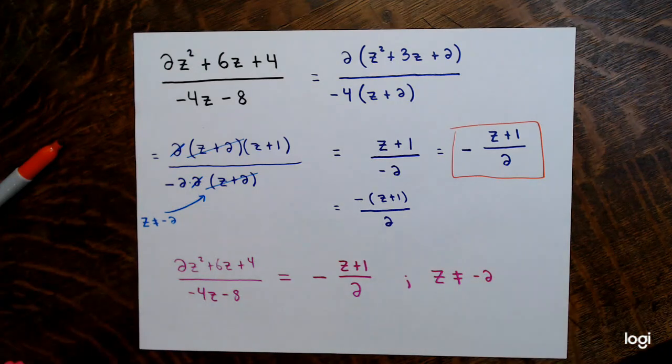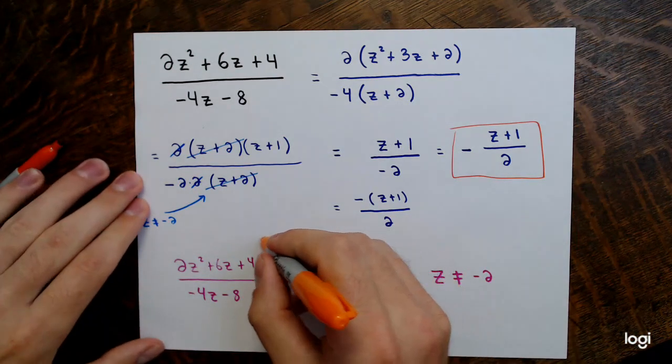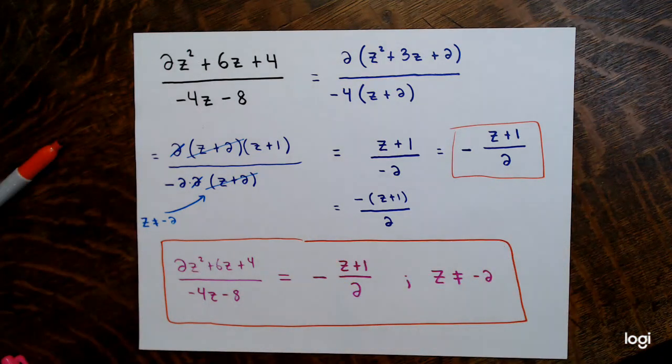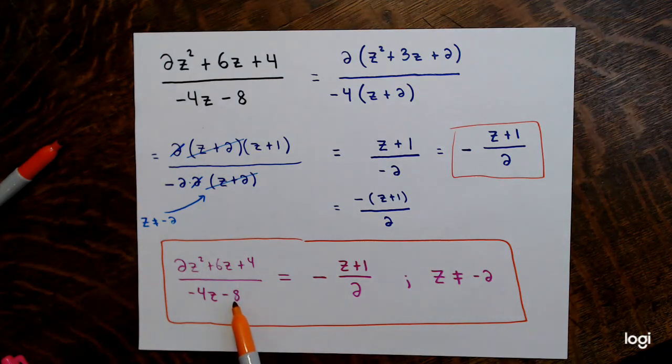Okay, so as long as z is not negative 2, this is a true statement. And you can go ahead and test it out, plug in some values other than negative 2 for z. So an easy one here would be 0. What if z were 0? Well, then this side you'd have 0 plus 0 plus 4, so 4, divided by 0 minus 8, or negative 8. 4 divided by negative 8. That would reduce to negative 4/8, or negative 1/2.